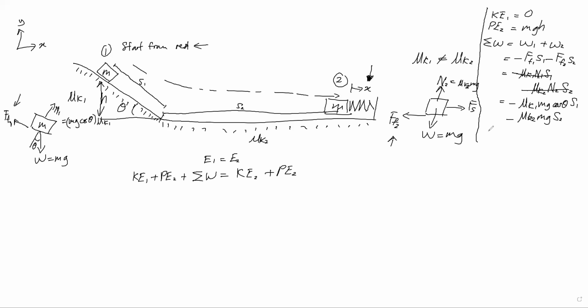The last part is KE2, and we know that when it has compressed this particular spring, it just stays there, no motion involved. So KE2 is equal to 0. How about the potential energy on this spring?